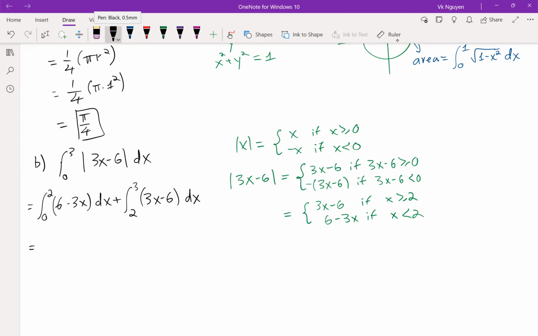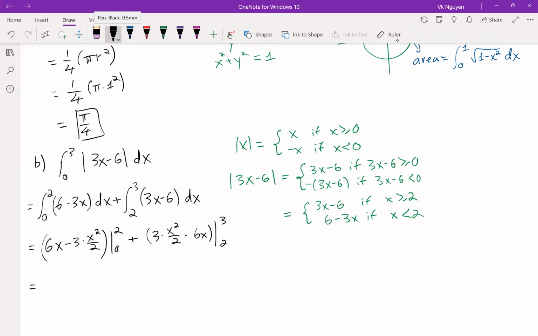Yay! Well, we know the antiderivative of 6 is 6x, and the antiderivative of x is x squared over 2. And on the other side, 3 times x squared over 2 minus 6x, evaluated from 2 to 3.